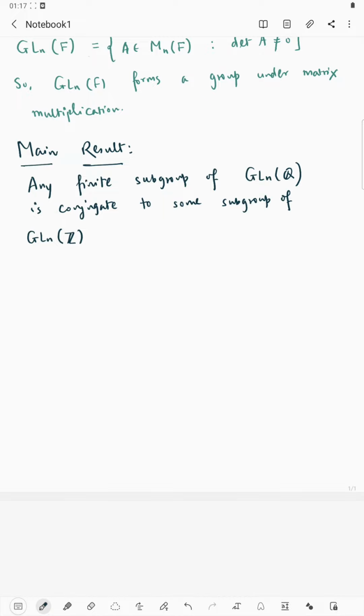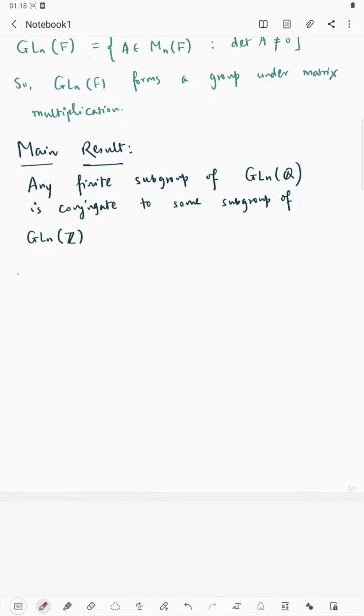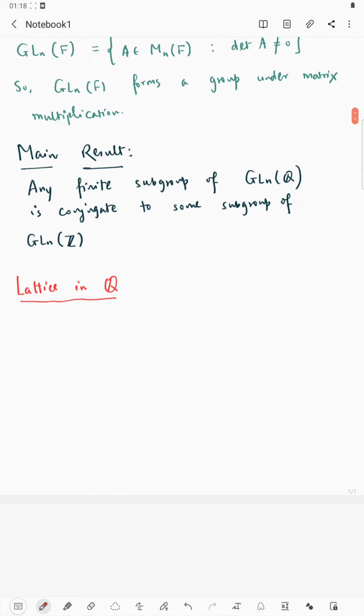So let me start with the definition of lattices, a lattice in Qn.